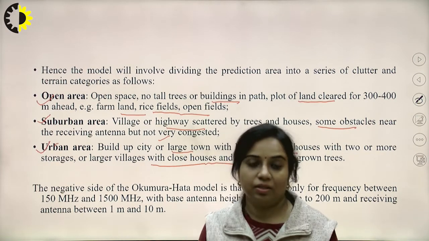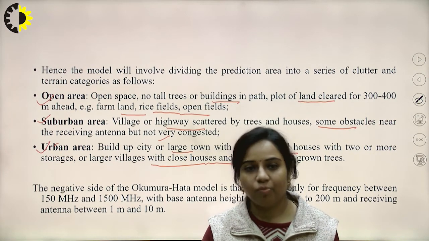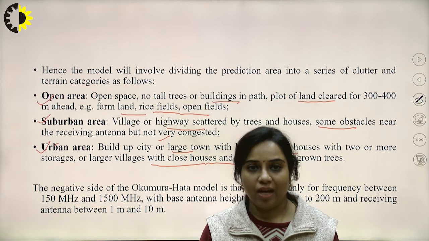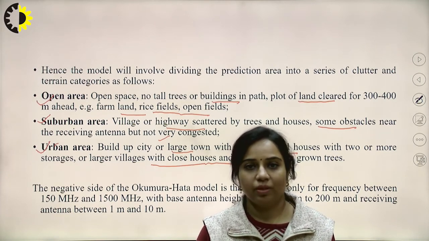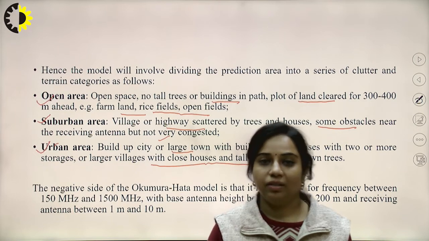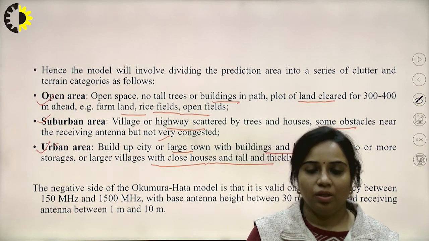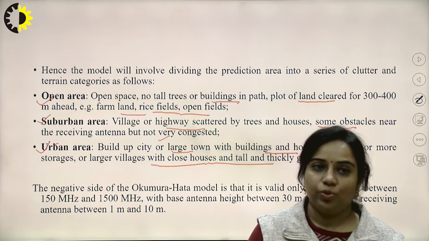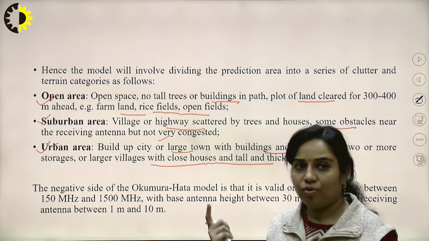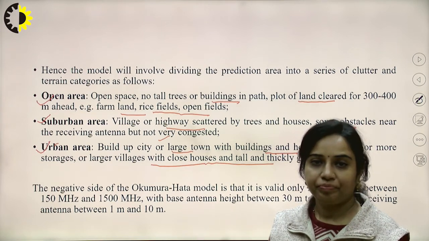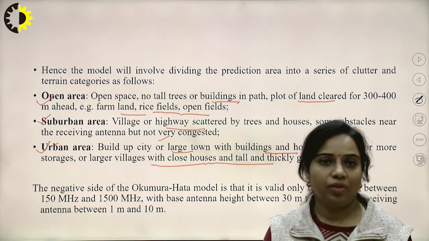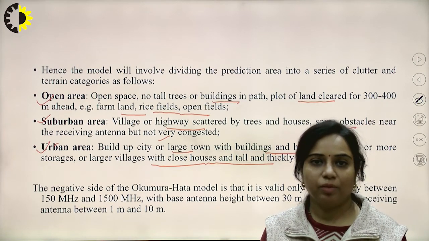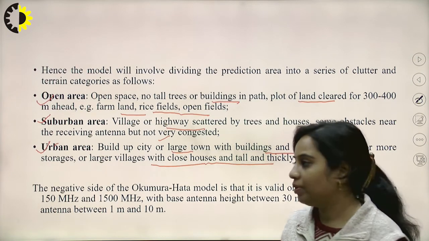These are considered urban areas, which are densely populated and have a large number of terrain obstacles and hops between the transmitter and receiver, and no line of sight exists between them. Of course, in an open area there exists a line of sight, because the terrain obstacles and multipath propagation are less compared to urban areas.